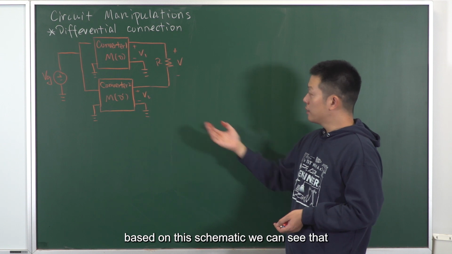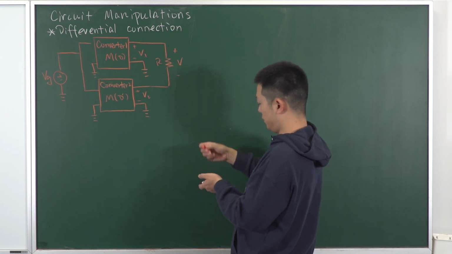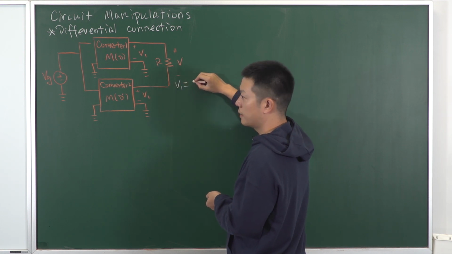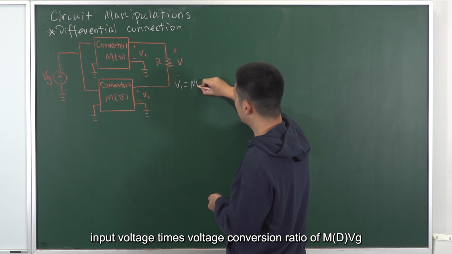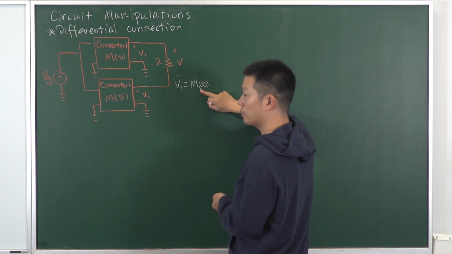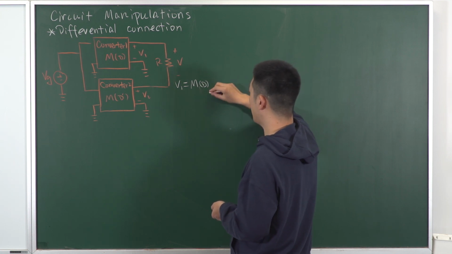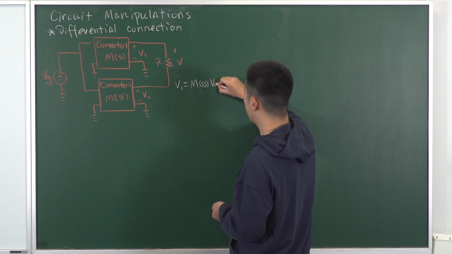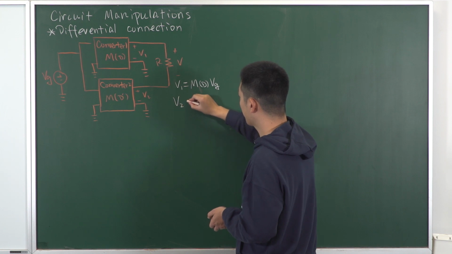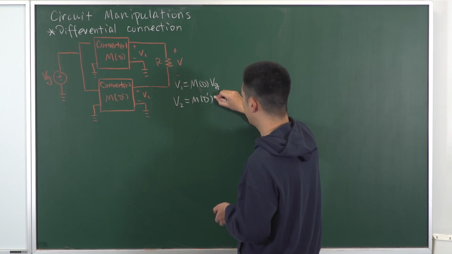Based on this schematic, we can see that V1 equals input voltage times voltage conversion ratio M(D), times Vg. And V2 equals M(D prime) Vg.